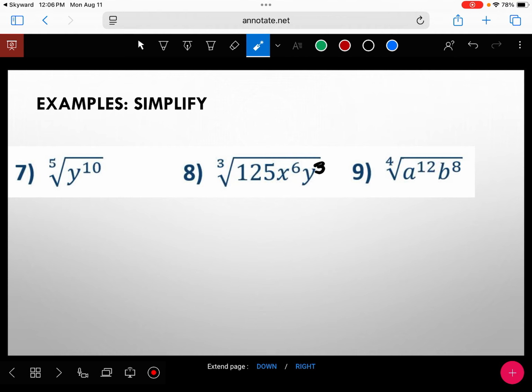Essentially what you're asking yourself is, if you have 10 people and I want to put them in groups of 5, how many groups of 5 can I make with 10 people? 2. Who agrees that it's 2? Will there be anyone left out of a group? So that means that my final answer would just be y squared.